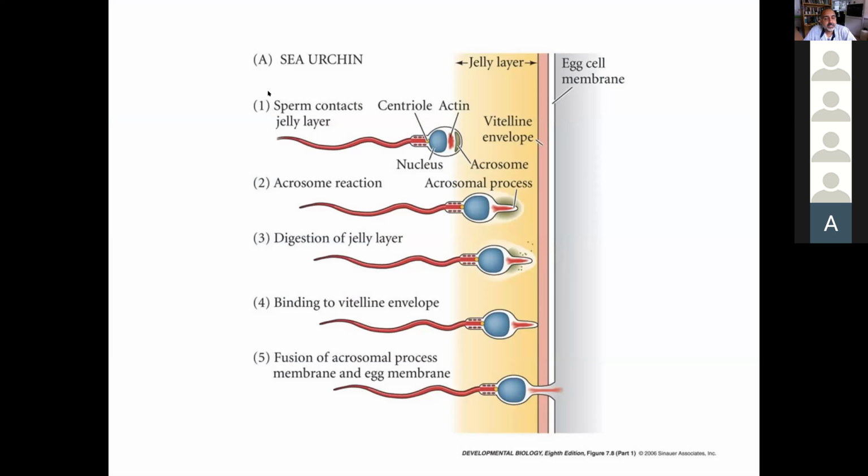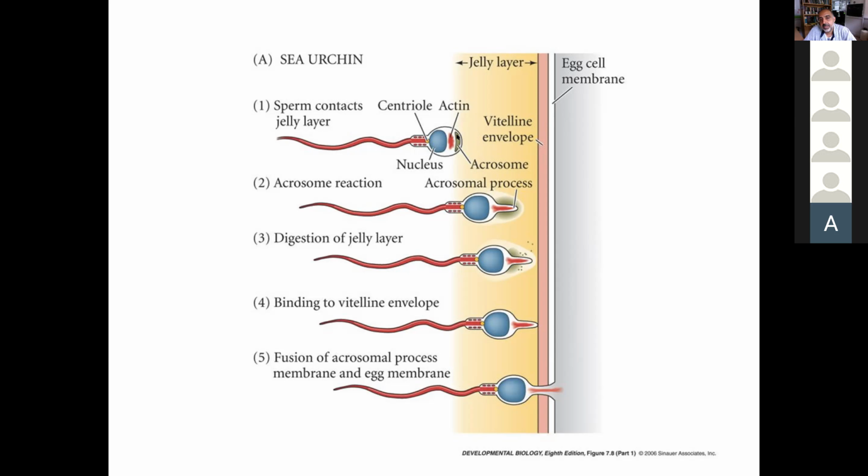This is a sea urchin. The mammal I'll show you next. As the sperm gets closer to the egg cell membrane, it encounters a jelly layer, which triggers this acrosome to be ejected.